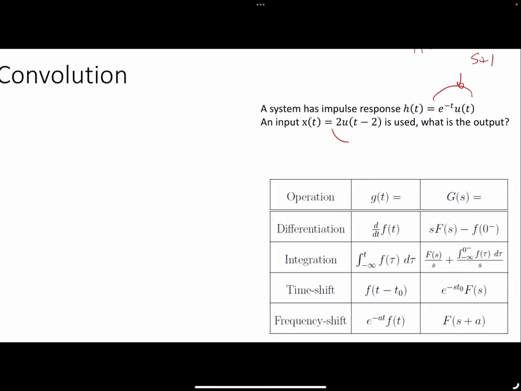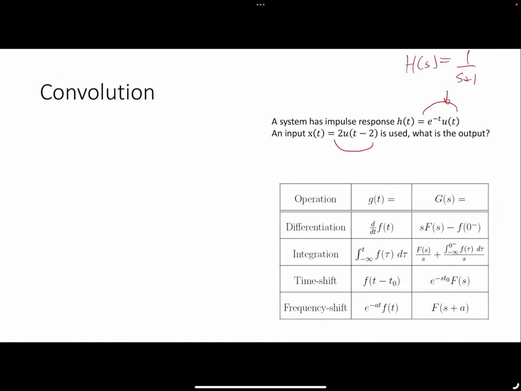And if this is the input, the Laplace transform of the input is just e to the negative 2s times 1 over s, because we have to shift by 2, and this is the Laplace transform of u of t.